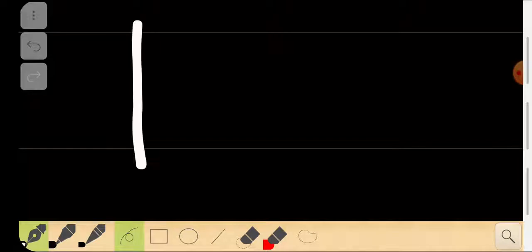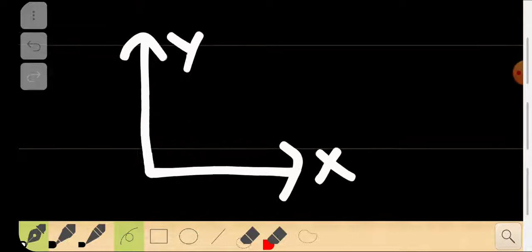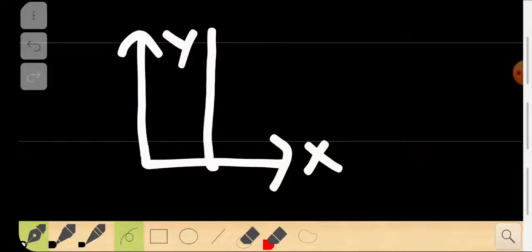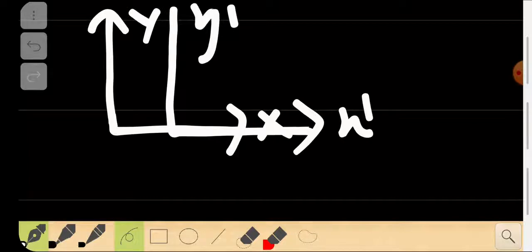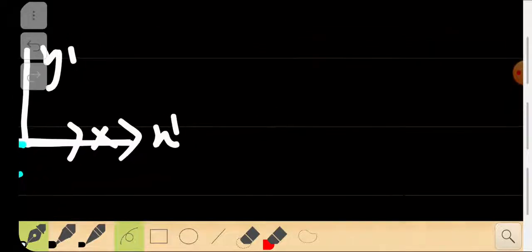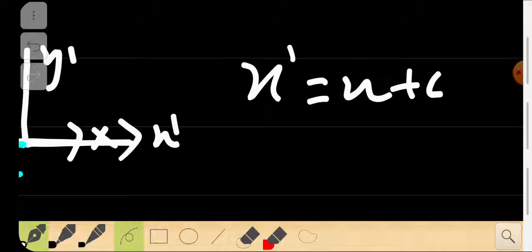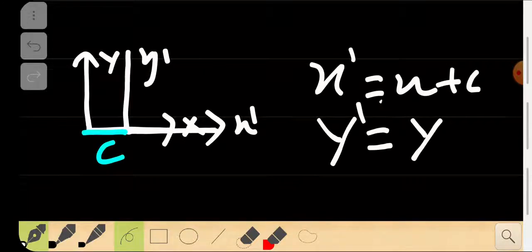So if you have a coordinate system like this, say x and y, and I shift the coordinate system to the right along the x-axis, the new coordinate system will become x dash and y dash, right? The new coordinate system has a difference of, say, c. So x dash becomes x plus c. y dash will be y itself, because there is no change in the y axis.